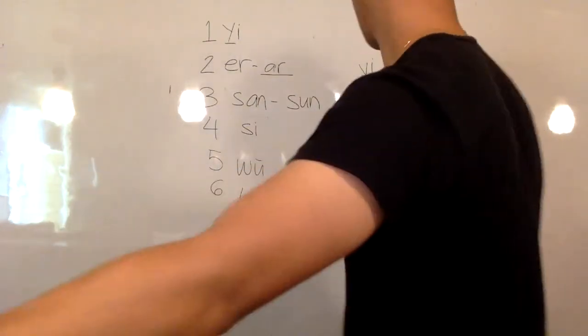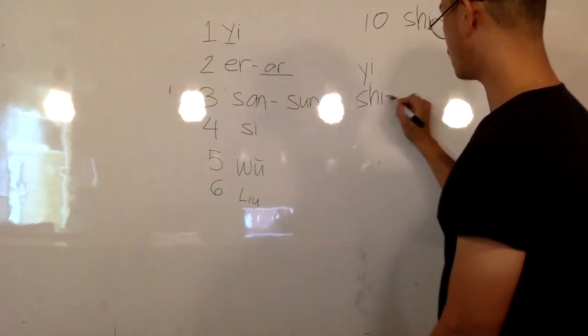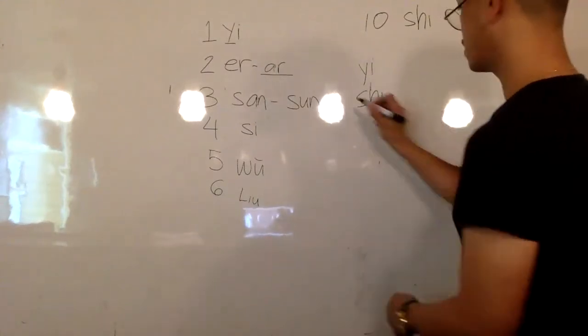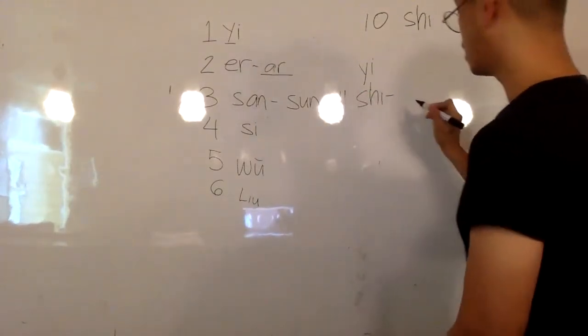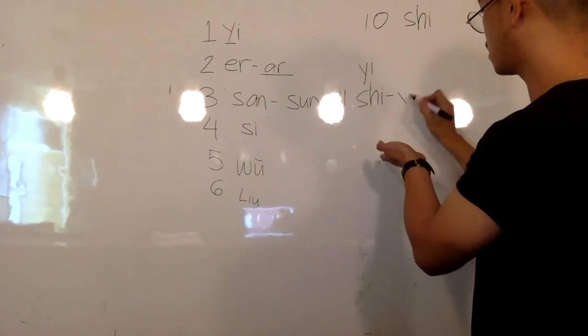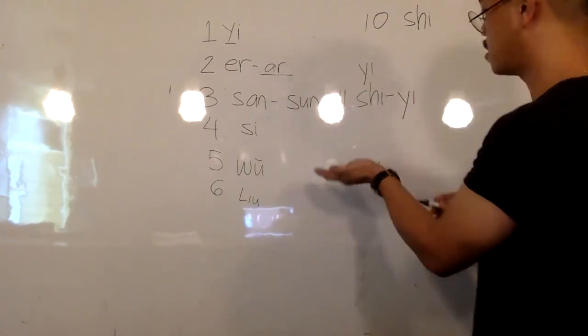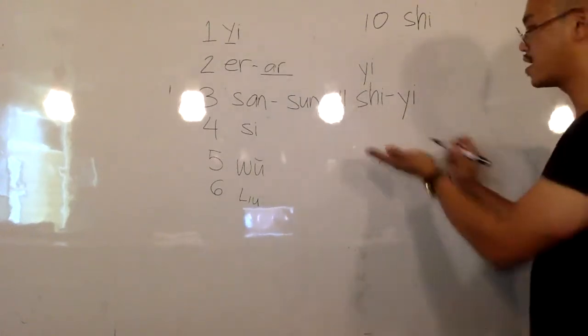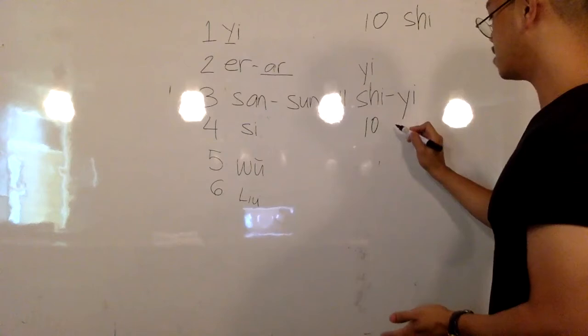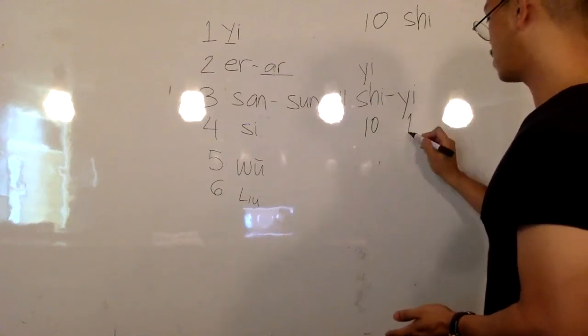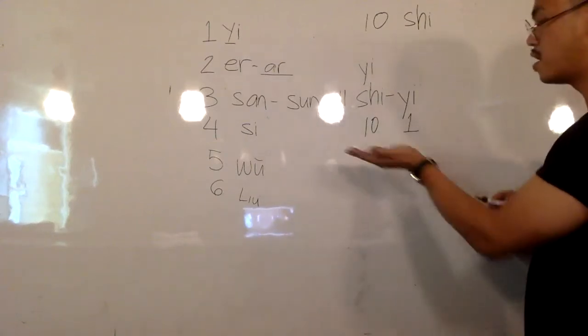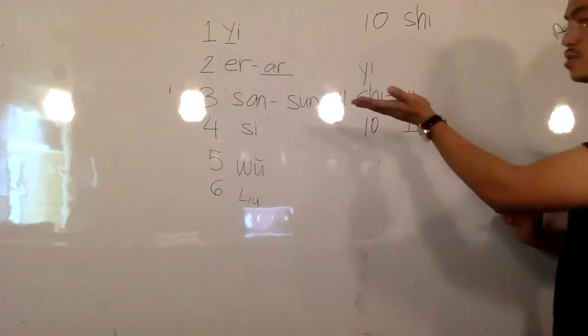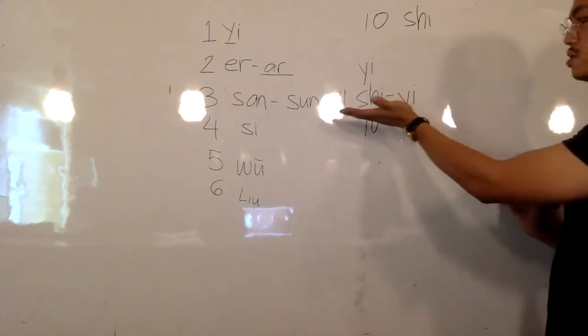So how do we say 11 in Mandarin? Shi yi, which literally means 10 and 1. Shi yi.